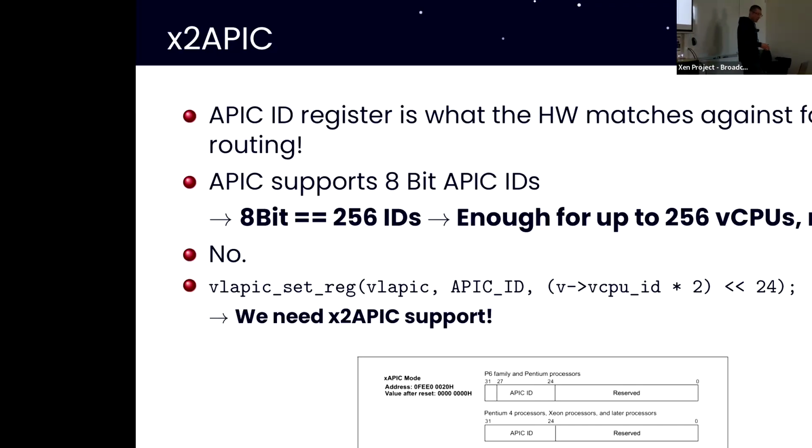And this is for legacy reasons as well, because usually the APIC ID is the vCPU ID times 2.